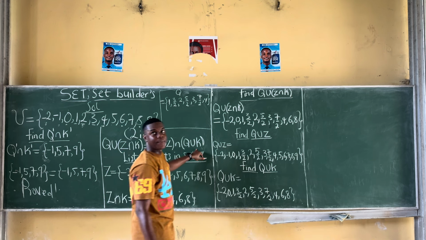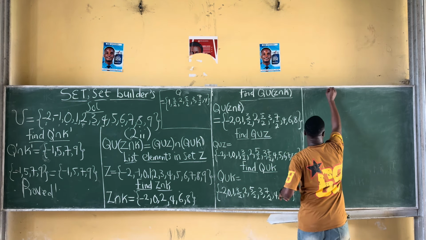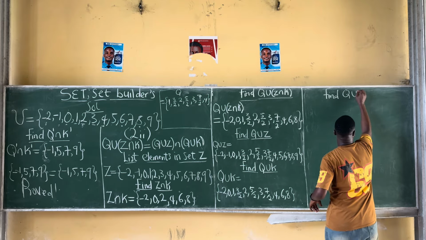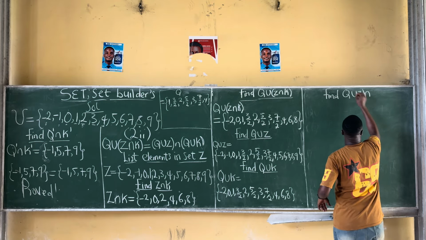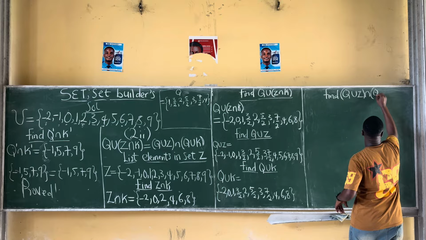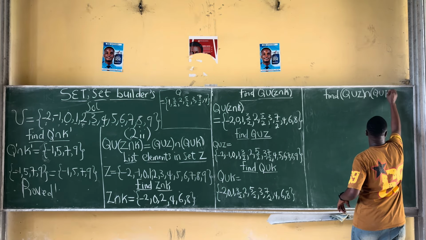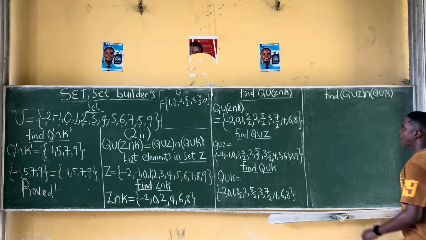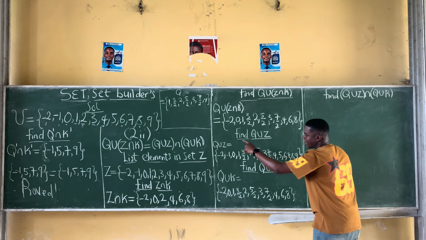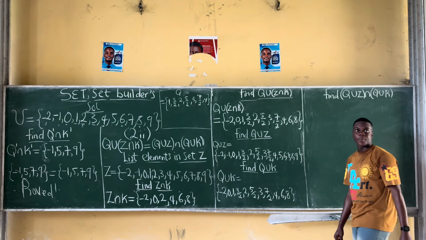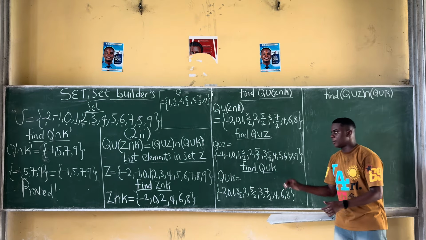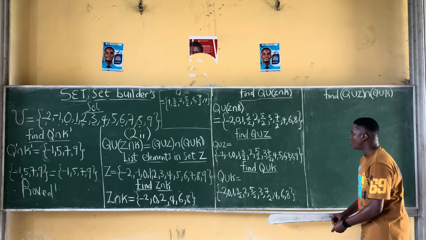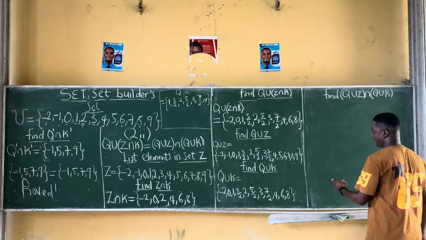So find Q union Z intersection Q union K. Look at Q union Z here and Q union K here. What can you find in Q union Z that you can also find in Q union K? Almost everything.